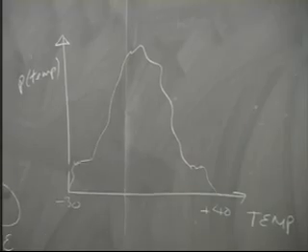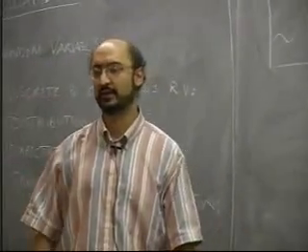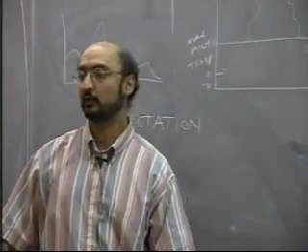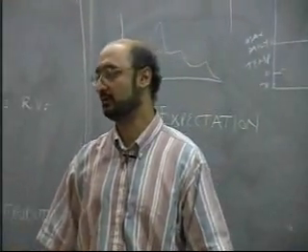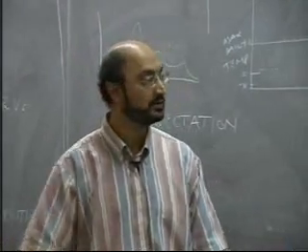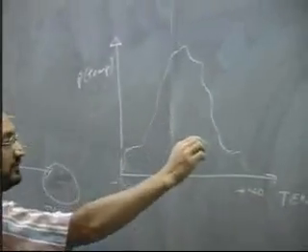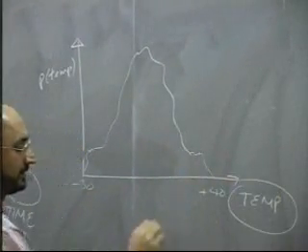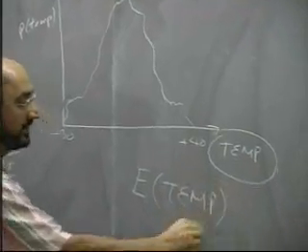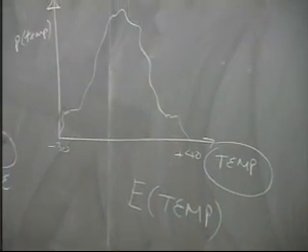Now somebody is coming to visit you from wherever, and they don't know anything about the time of the year, or about the density function. What temperature do they expect for a randomly chosen day? If this is called temp, then E of temp is the expectation of the maximum daily temperature for a randomly selected day.